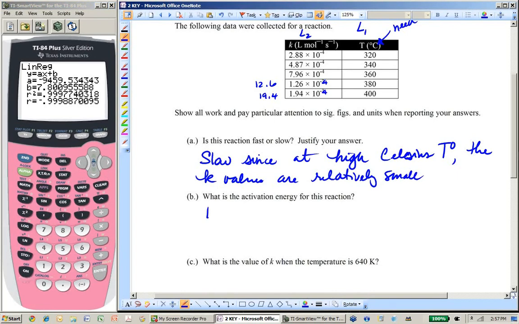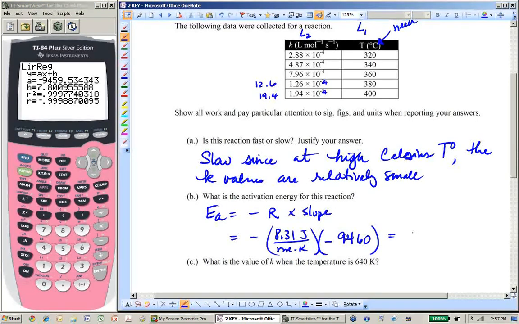So activation energy is equal to minus R times the slope, which is equal to minus 8.31 joules per mole Kelvin. My Kelvin's going to cancel here in a minute. And the slope is negative 9450. Let's make it 9460. So I'm going to come out with a positive value.